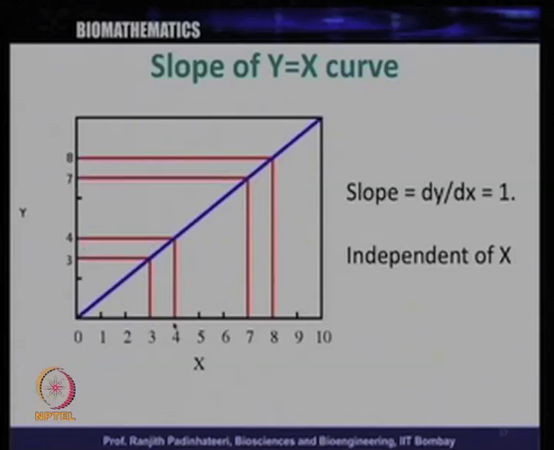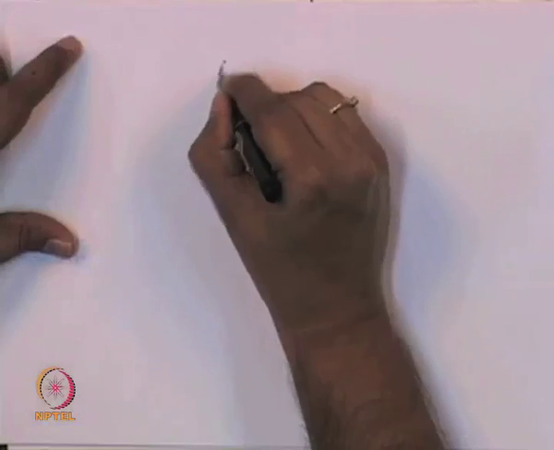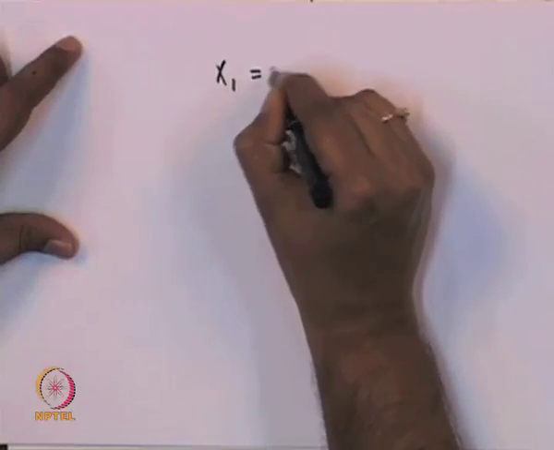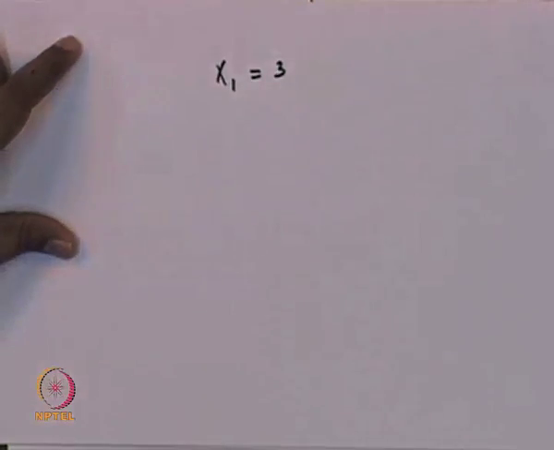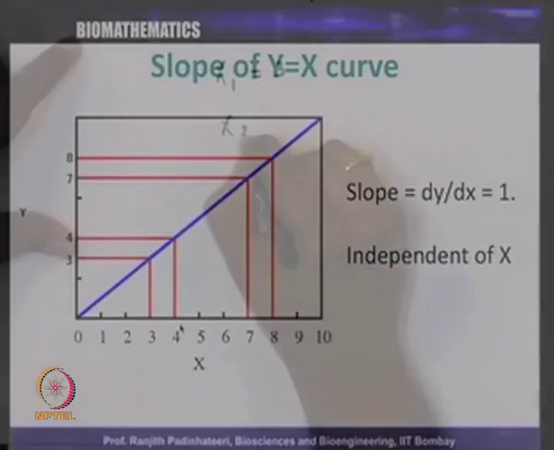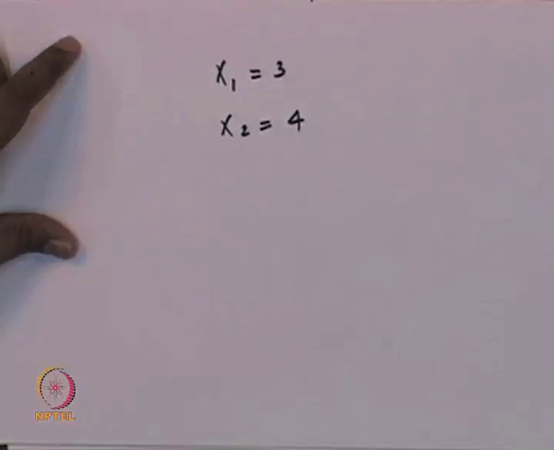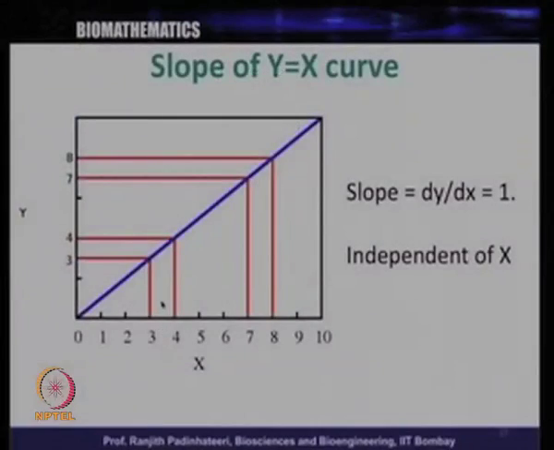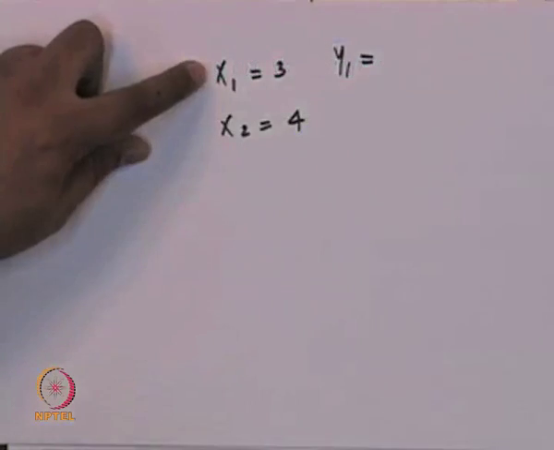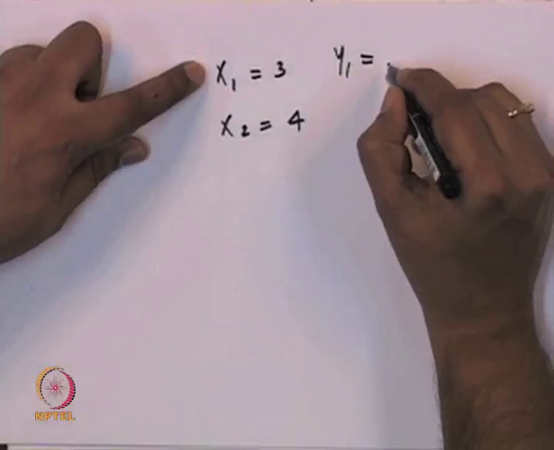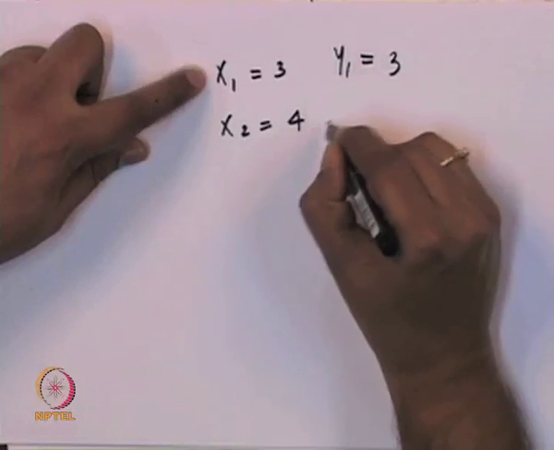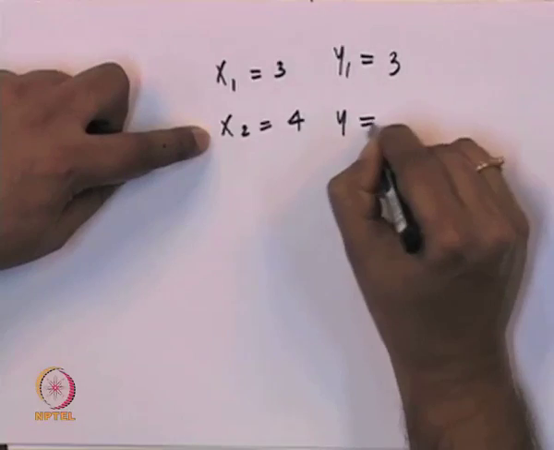So, x 1 is 3 and the second x value, x 2, is 4. The y value corresponding to x 1, that is y 1, is also 3 and y 2 is also 4.